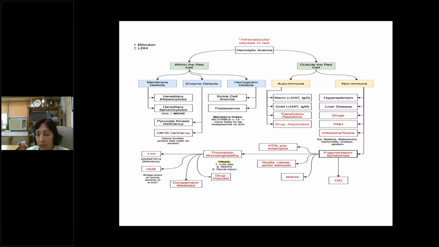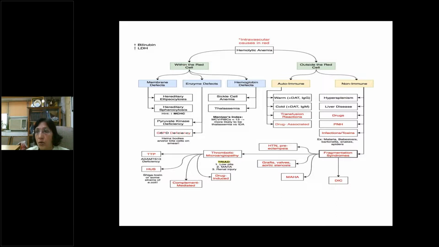But all of this, decreased haptoglobin, hemoglobinemia, hemoglobinuria, occurs only in intravascular hemolysis. If there is extravascular hemolysis, the spleen is the main site, so splenomegaly, sometimes hepatomegaly. Hepatosplenomegaly is the site of extravascular hemolysis. So these are the main differences, whether you are dealing with intravascular or extravascular hemolysis, clinically or by testing.